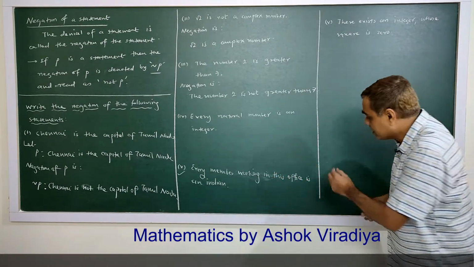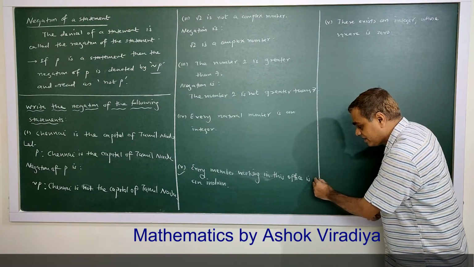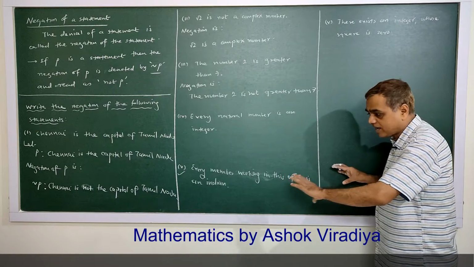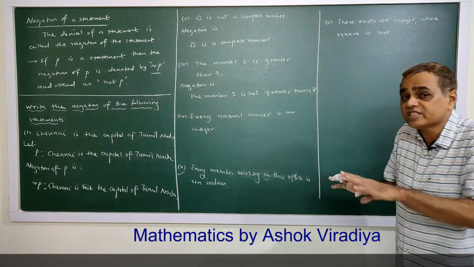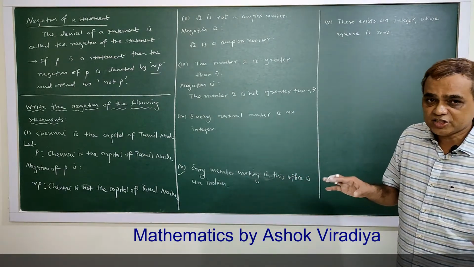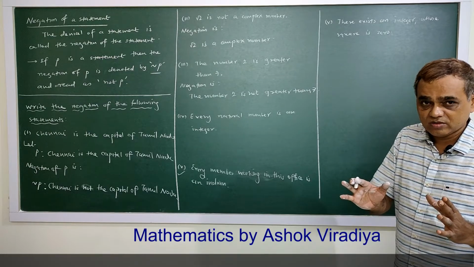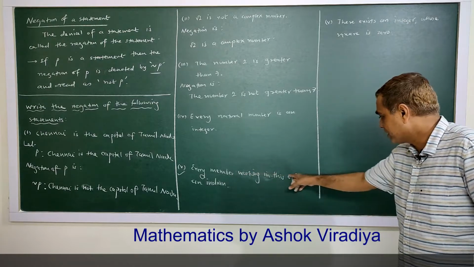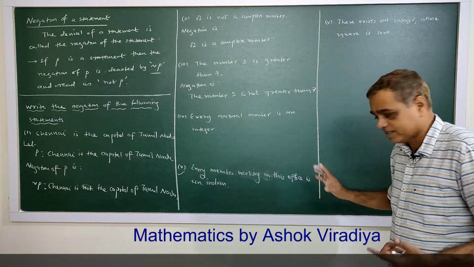If we insert the word not, then we can feel that it is a denial or negation of this statement. It's true. Denying this statement: every member working in this office is not an Indian.